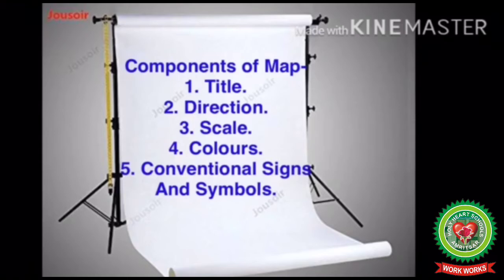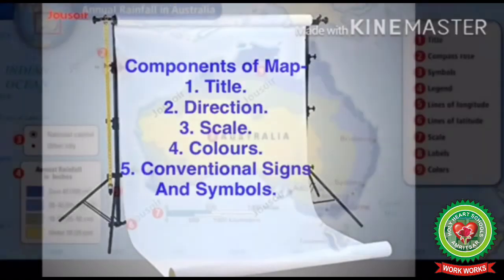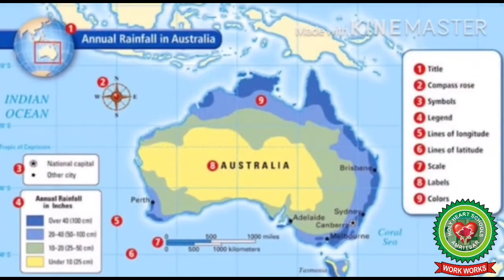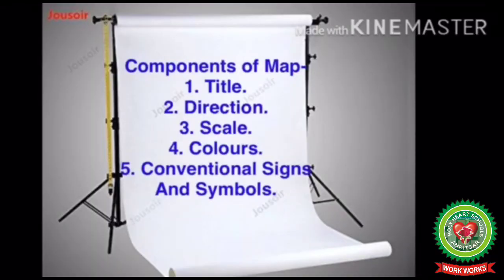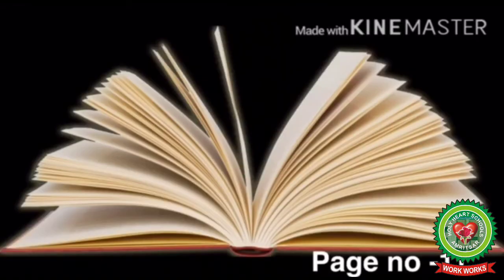For the beginners, direction is given in every map: north, south, east, west. The icon of directions is given in all the maps. Here in the map of Australia, we can see the icon of directions. Next, scale, colors, conventional signs and symbols we will discuss in detail in this chapter.